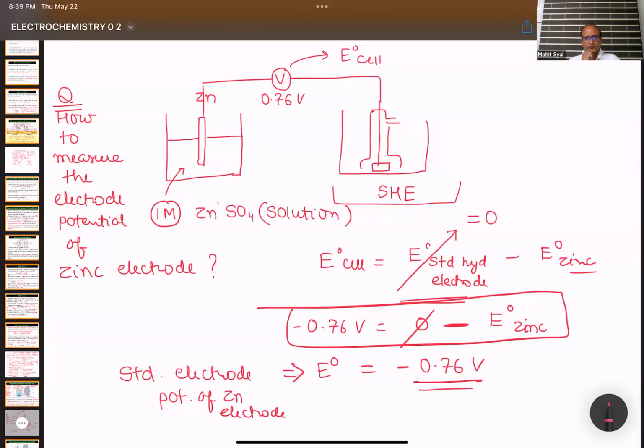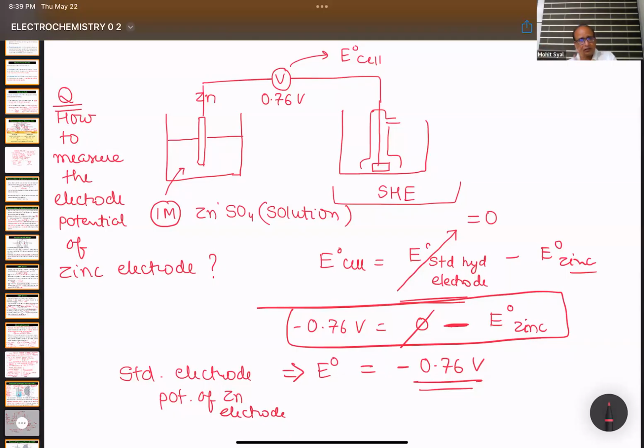But if you have just a zinc electrode, no standard hydrogen electrode, why can't I measure its electrode potential? Because then you'll have to flow a current through the electrode. Exactly.